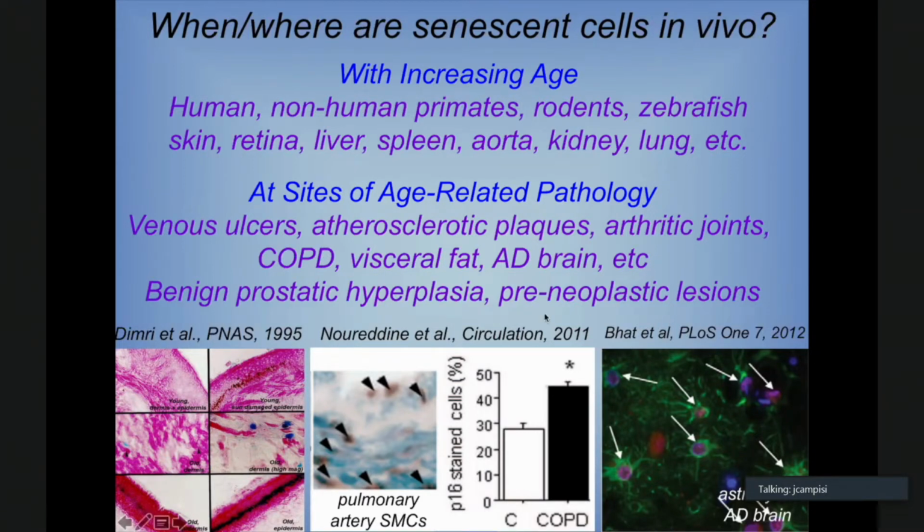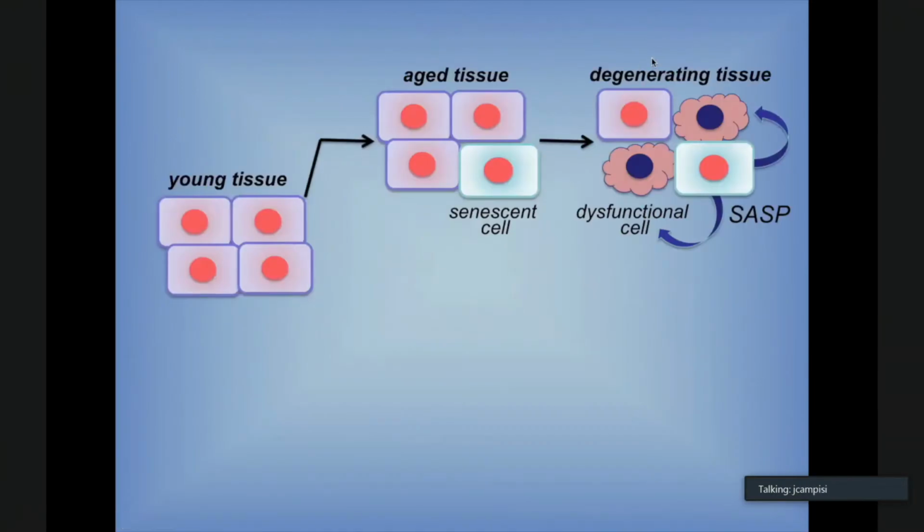So the idea is that with age, we accumulate senescent cells. And we believe that due to this secretory phenotype, the cells secrete molecules that can cause neighboring cells to fail to function. And as a consequence, this could explain some of the degenerative diseases of aging.